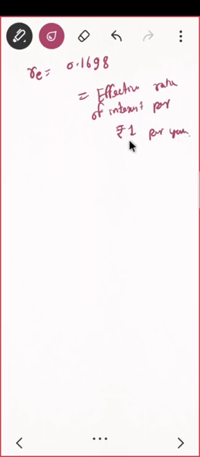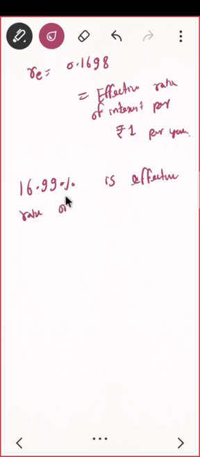And how many percent would it be? You just multiply with 100, so it will be 16.99%, which is the effective rate percent, the effective rate of interest percent for 1 year.